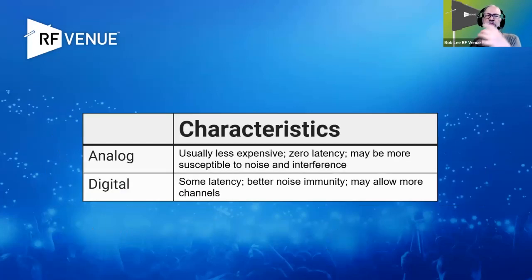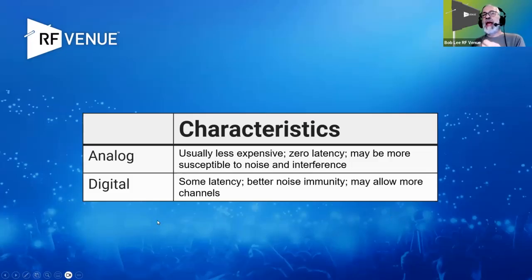So, characteristics of analog versus digital. Well, analog is usually less expensive. It has zero latency because the audio is directly modulating the FM, and the FM is directly demodulating back into audio. Maybe more susceptible to noise and interference.